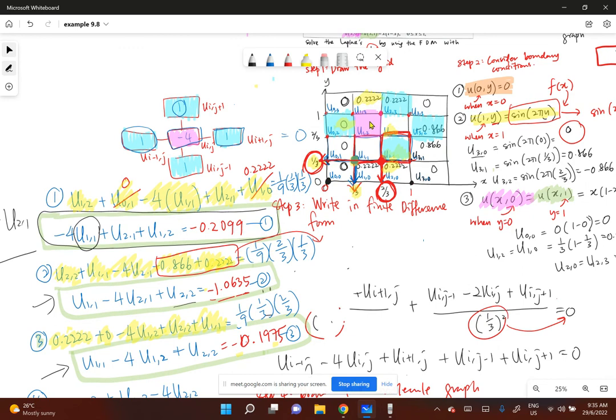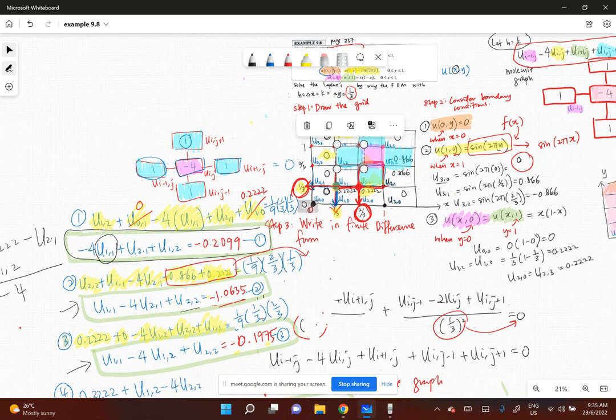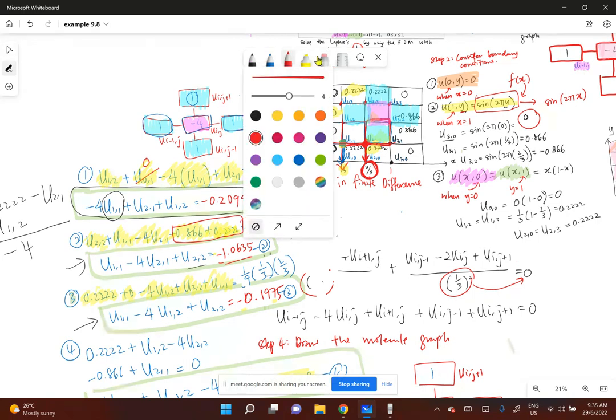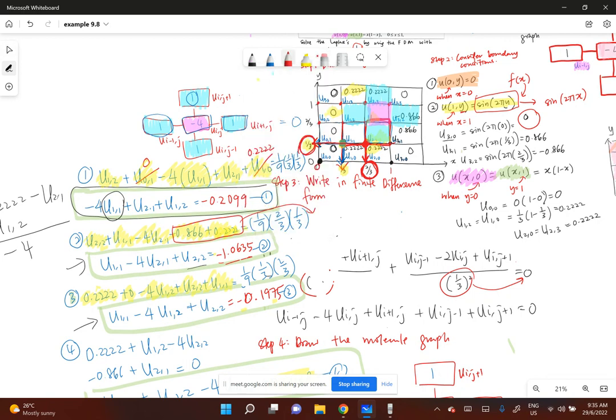This one also delete. So this one and this one. Okay. So the left side will be the same, only the right side. So for the right side here, now we have to consider this point. Now this point is x is 2/3 and y also 2/3.